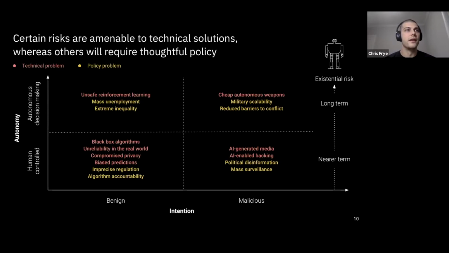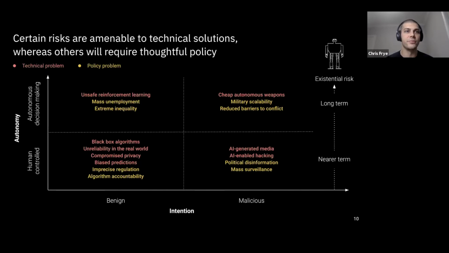Okay, so we can add one additional dimension to this chart as well, namely color. Certain specific AI risks will have technical solutions, and we've colored those in coral. Other problems will require thoughtful public policy, and those are in yellow. On the R&D team at Faculty, we focus primarily on solving the technical problems in the lower left quadrant of this chart.